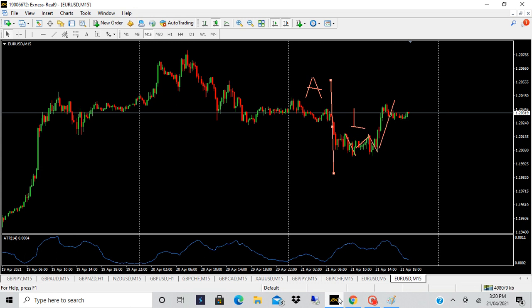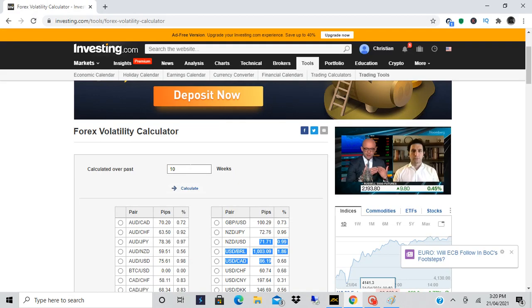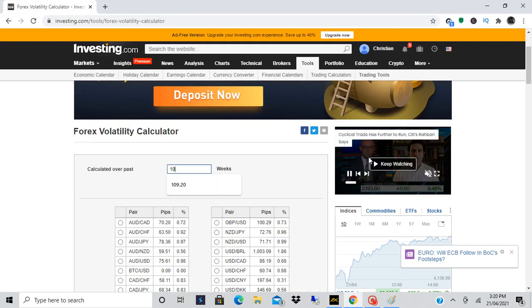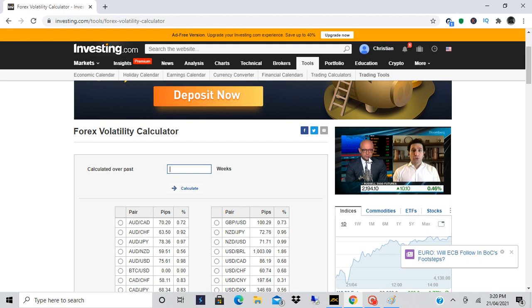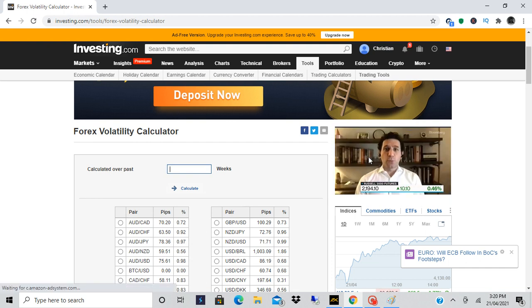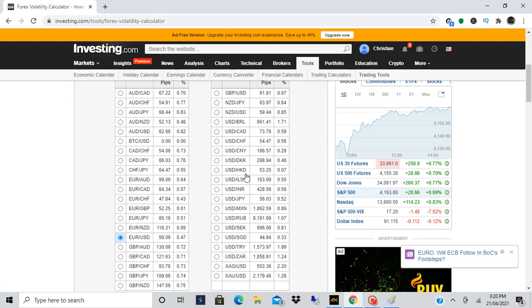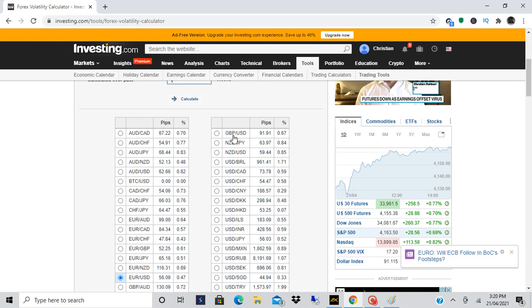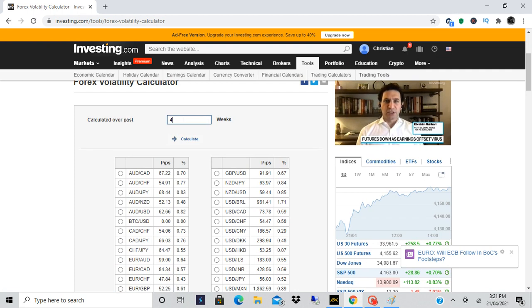So what I can do with this particular tool that I showed you, I can drop the weeks to, let's say, 4 weeks, right? 4 weeks may be too much. Then you see on the GBP USD, from the 100 pips it reached 91 pips, an estimated value for the past 4 weeks.